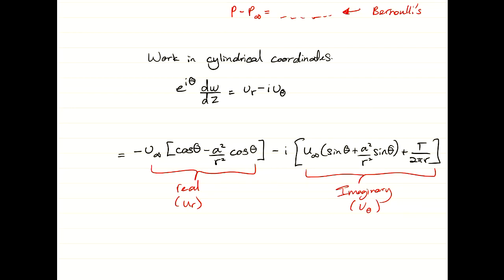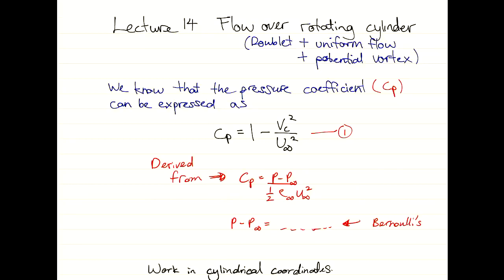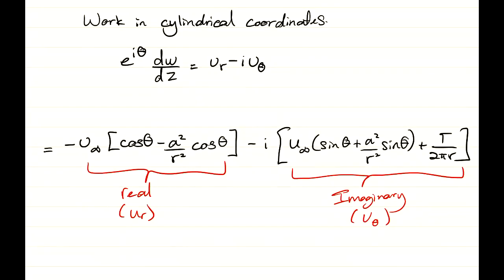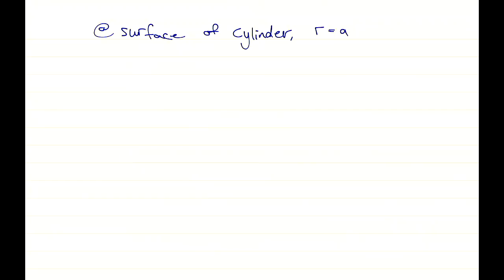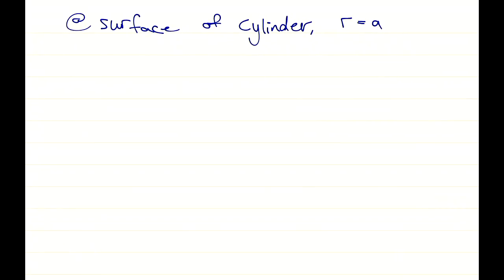At the surface of the cylinder, what must we replace r with? You saw it. A. Good. Because a is the radius of your cylinder.